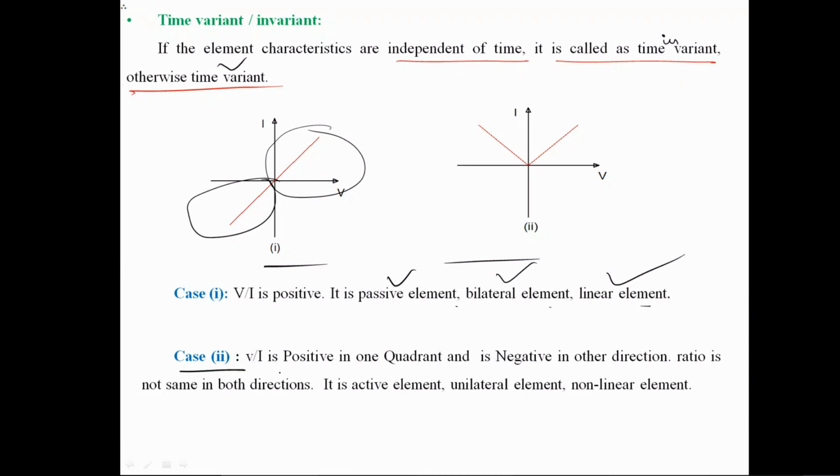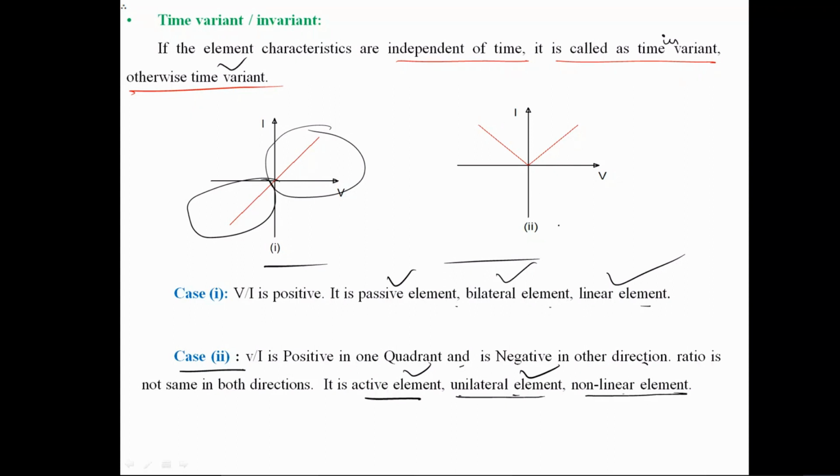Let us take case 2. The V by I ratio is positive in one quadrant and negative in another quadrant; it is not the same in both directions. So it may be an active element, unilateral element, or non-linear element.